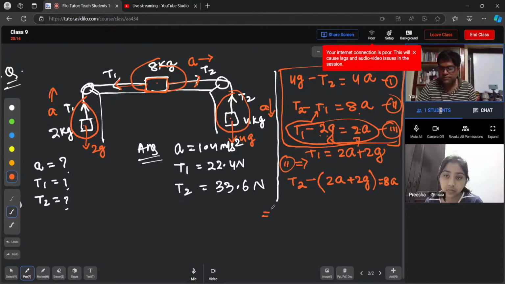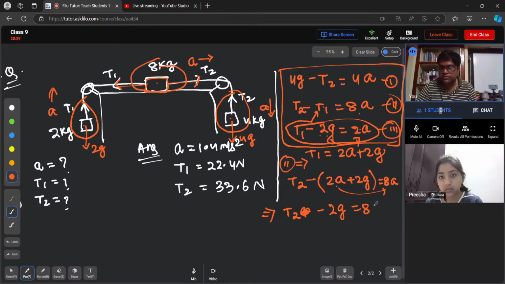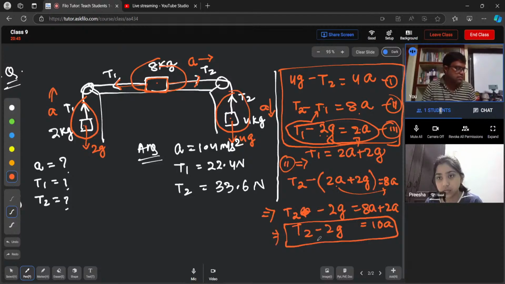Or if we simplify further, we can write that T2 minus 2g equal to, the minus 2a I'll take to the right side, so 8a plus 2a equals 10a. So T2 minus 2g equal to 10a.